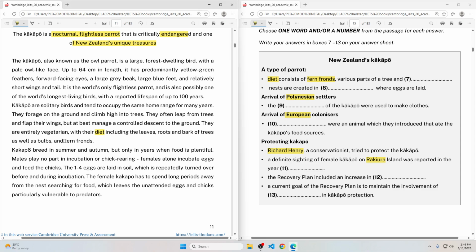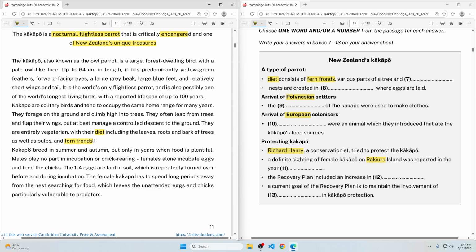Now we are looking at question number 7, and this is the time when your actual understanding of English comes into play. Before this, it's all about strategy. Even if you do not understand English, you can actually locate the place where the answer should be, right?